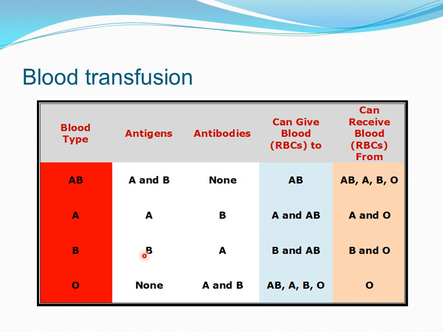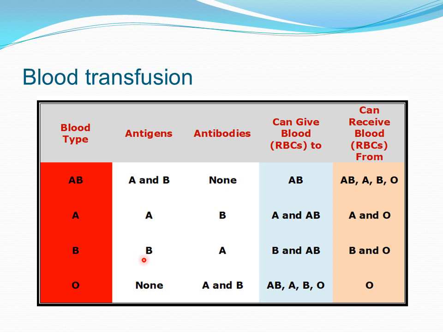They react with the antibodies present in the plasma and with the antigen. Agglutination is a process which leads to various consequences. Serious consequences may happen, and it may even prove fatal. Fatal means life-threatening.